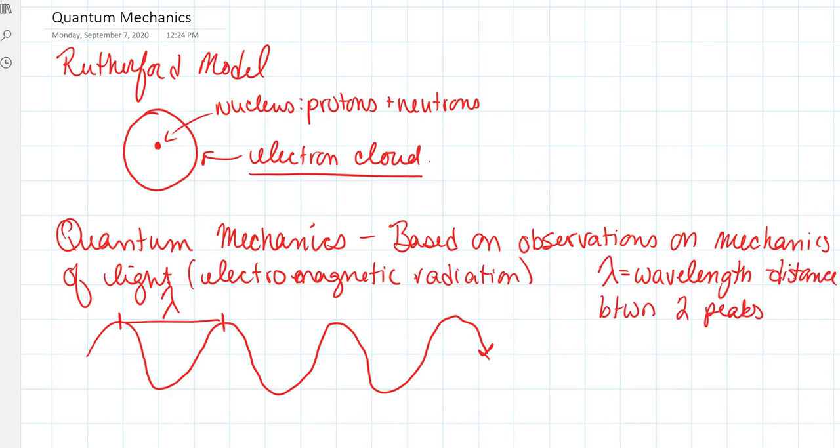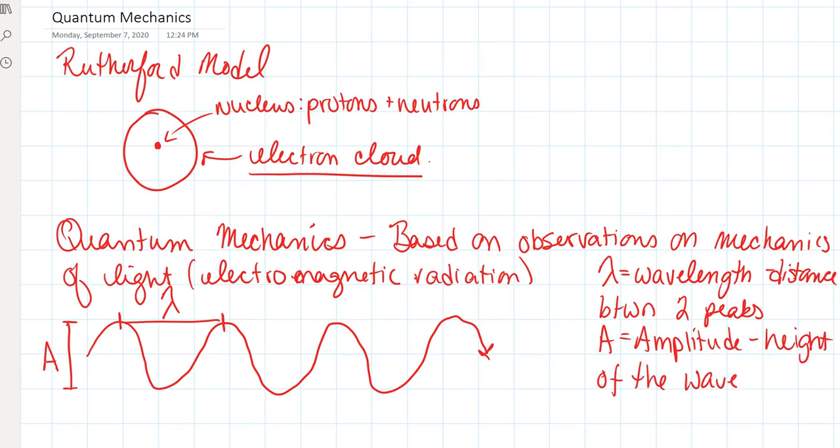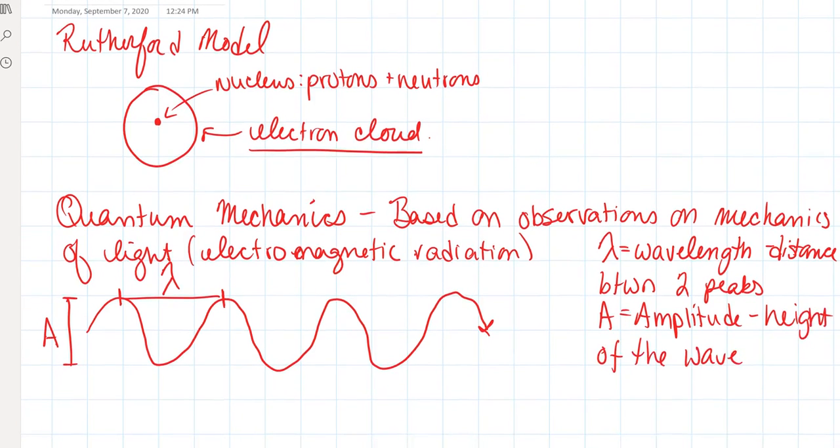Some of the other important pieces regarding light are the amplitude, which corresponds to the height of the wave, and then lastly, we often use frequency to talk about waves, because frequency says the number of times the wave repeats.